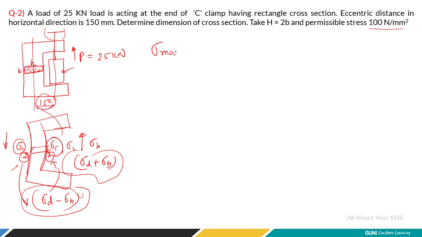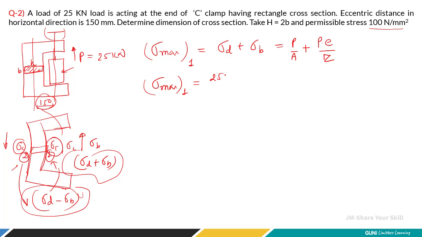The maximum stress is going to occur at section 1, which is given as 100 as the safe limit. So we are going to write it this way: direct stress plus bending stress. Direct stress is simply P by A, and the bending stress is P into its distance divided by section modulus Z. Now let's simplify the equation for sigma max with the values given.